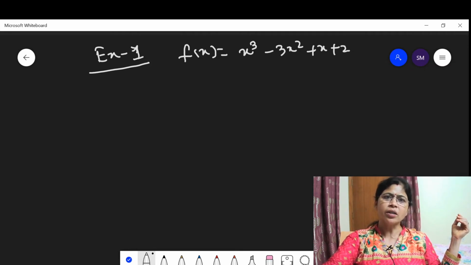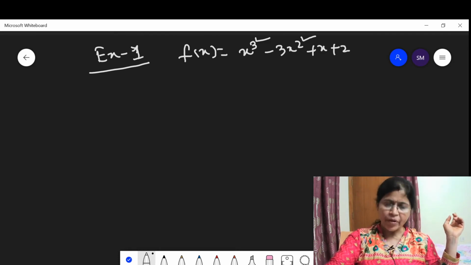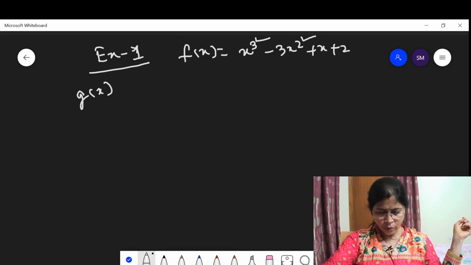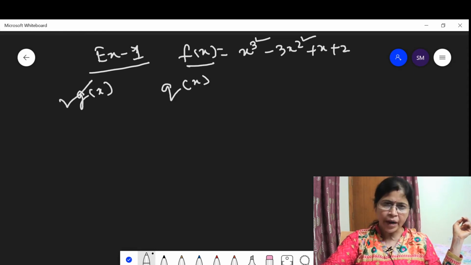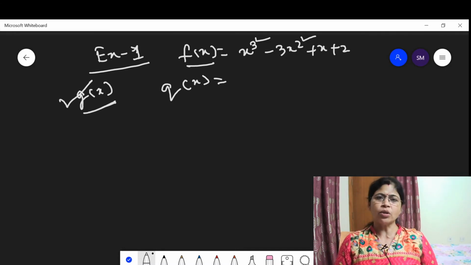Here the powers of the variable are in descending order. Suppose f(x) is divided by g(x) in such a way that we get quotient q(x) and remainder r(x). At first, students, please try to understand the question.